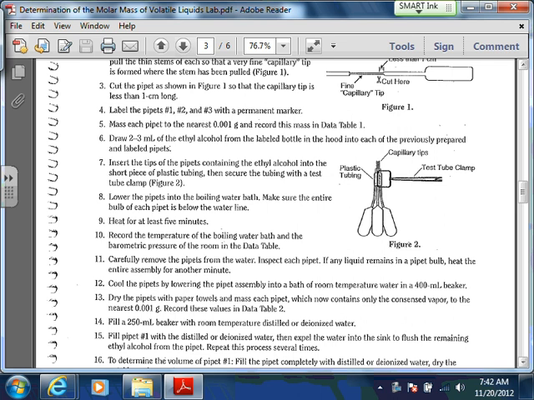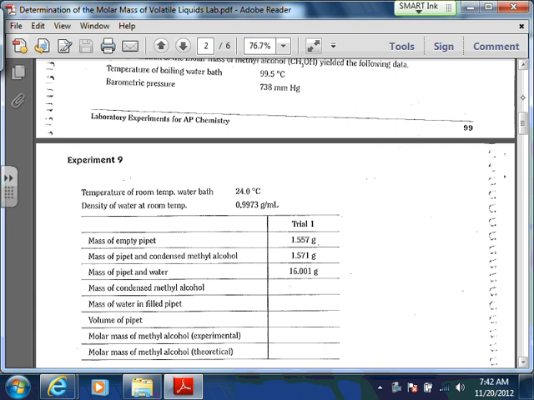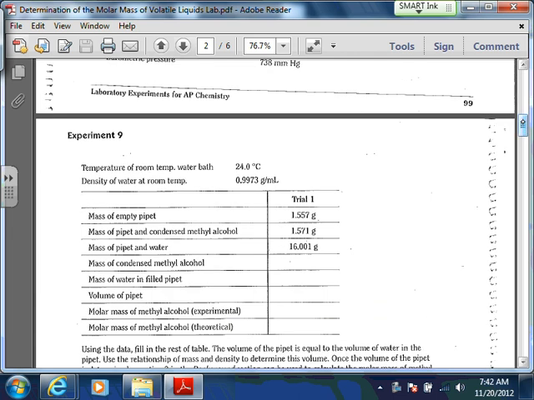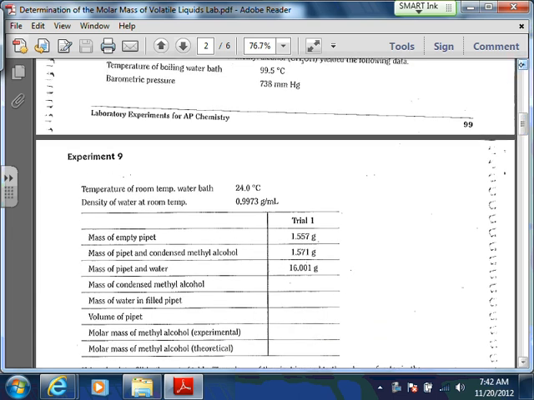Yeah, I think the only thing that you need the room temperature for is to figure out the density of the water. Yeah, you're going to use the boiling water temperature, which is 99.5 degrees Celsius.